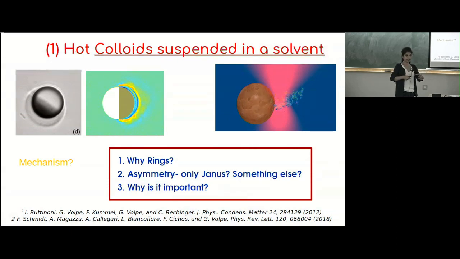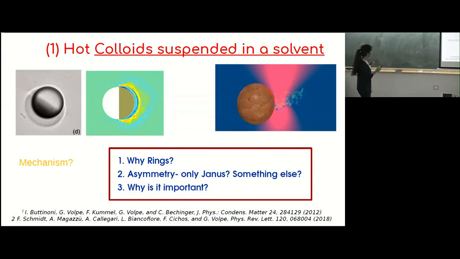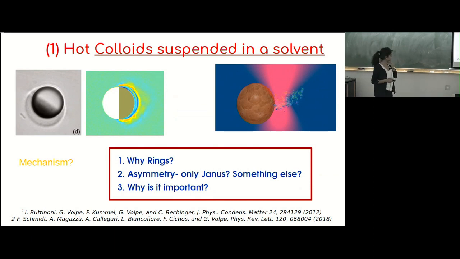What they see is that if the laser intensity is high enough, then this particle starts to undergo an active motion. At early times, you see the formation of this kind of asymmetric structure around the particle, and you see layers which form around the Janus particle.